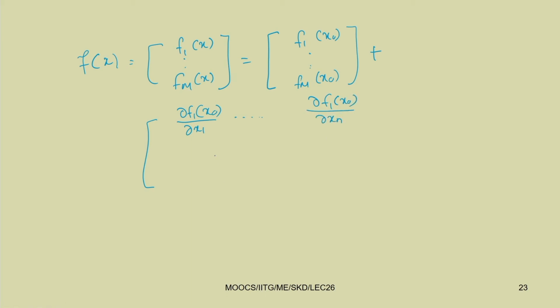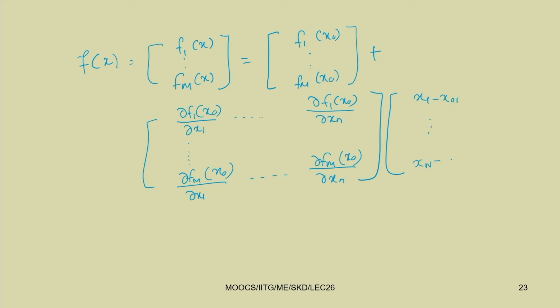In the last row we write del f m x 0 divided by del x 1, del f m x 0 by del x 2 and del f m x 0 by del x n, into x 1 minus x 0 1 up to x n minus x 0 n, plus the residue terms R 1 to R m, which we can neglect.